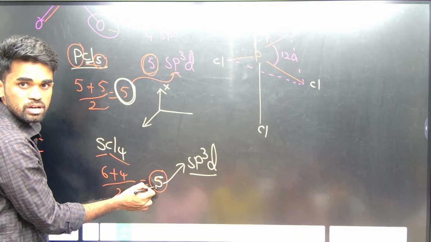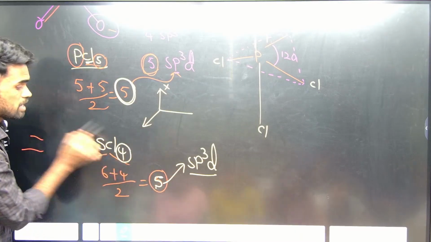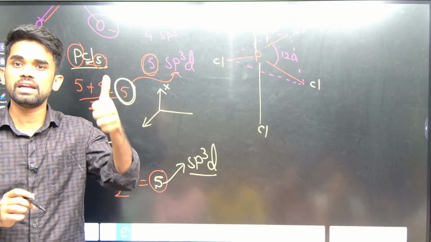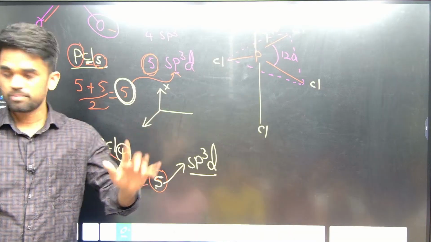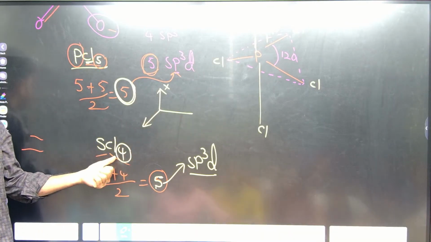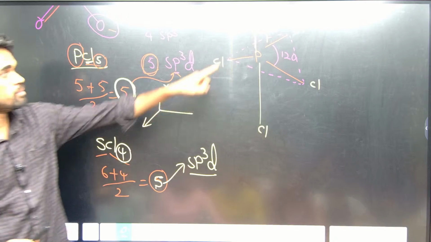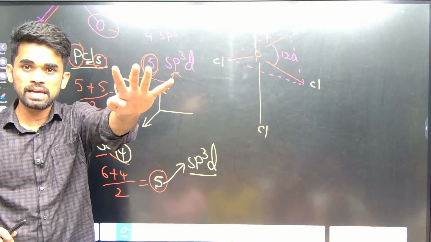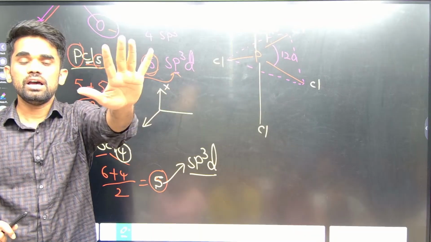We got sp3d. But how many surrounding atoms are there? 4. So out of 5, 4 are bond pairs. Got the concept? Out of 5, 4 are bond pairs, 1 is a lone pair. It means in these positions, the 4 are occupied with bond pairs, 1 is occupied with a lone pair.